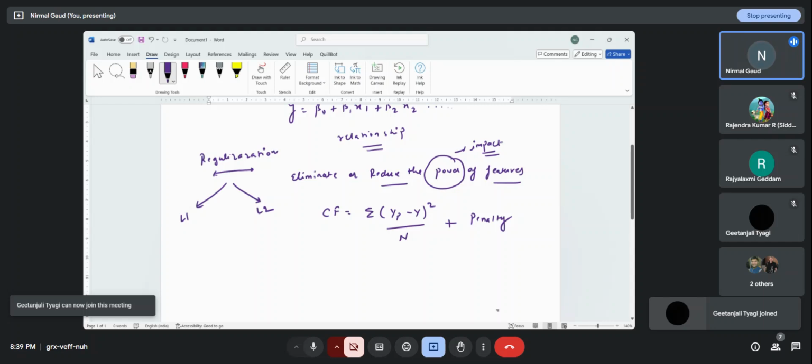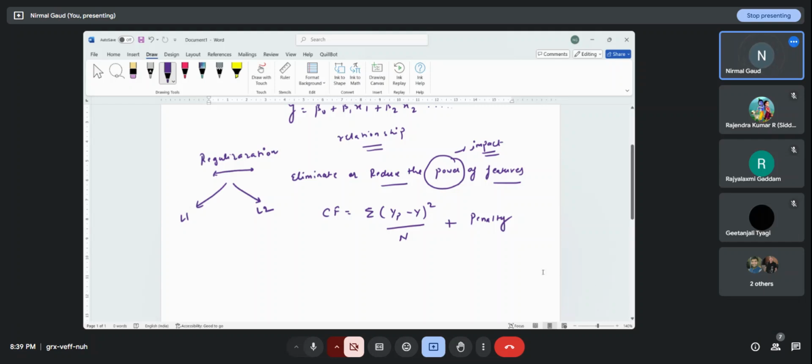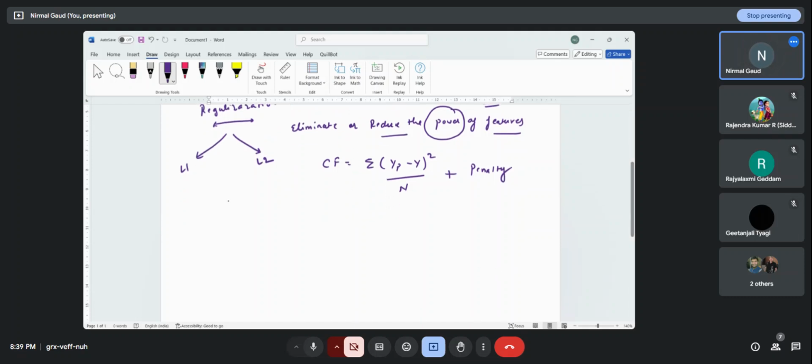So I want to penalize. How? The maths says that L1 is the sum of coefficients. I told yesterday also. L2, you can say, is the sum of the squares of the coefficients.